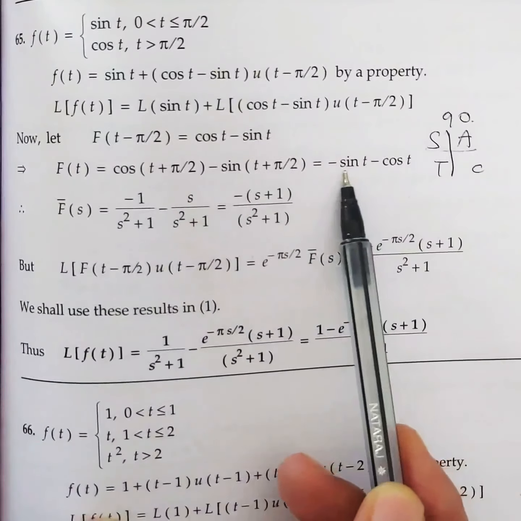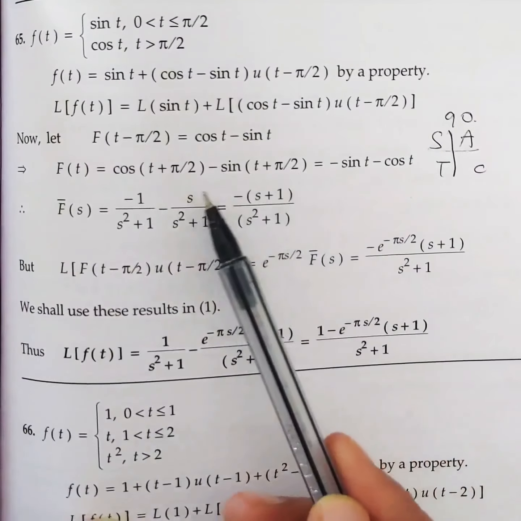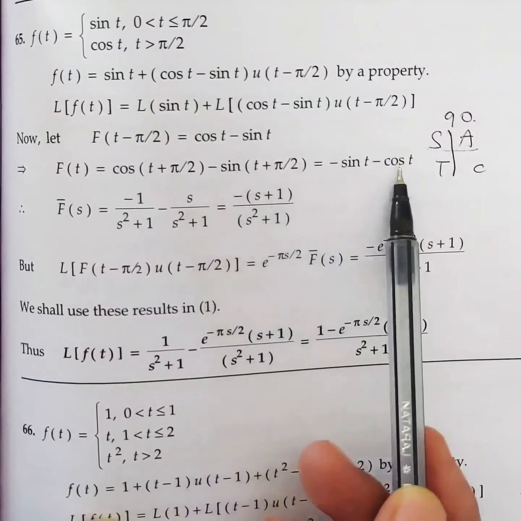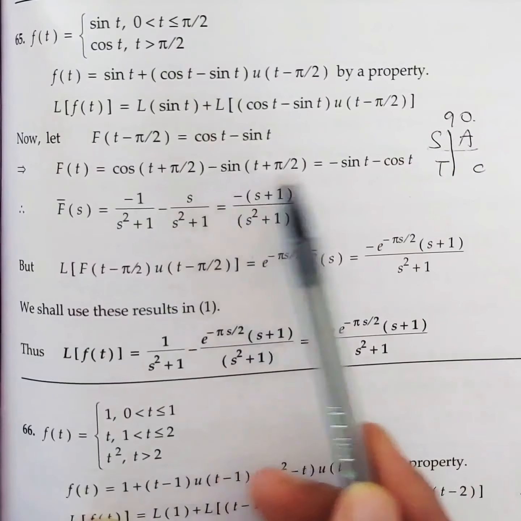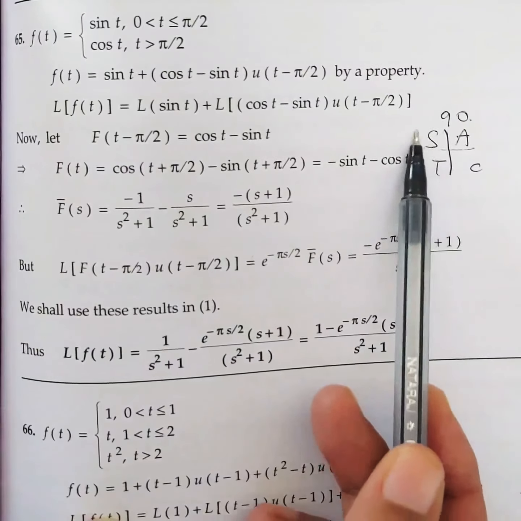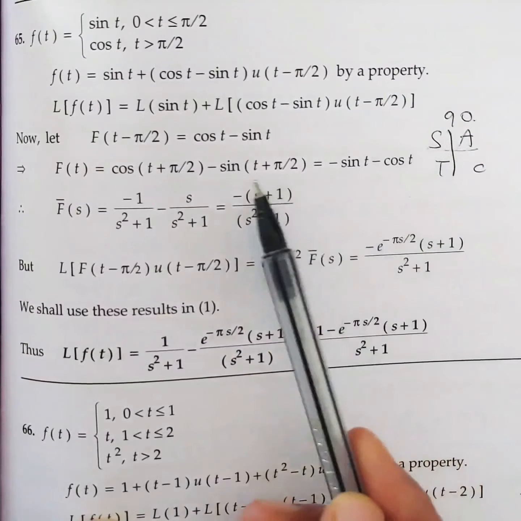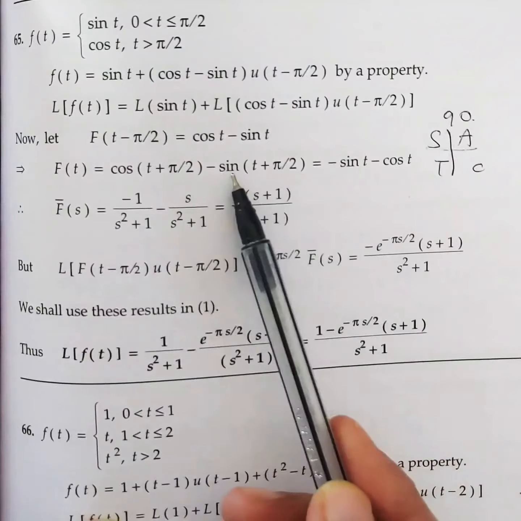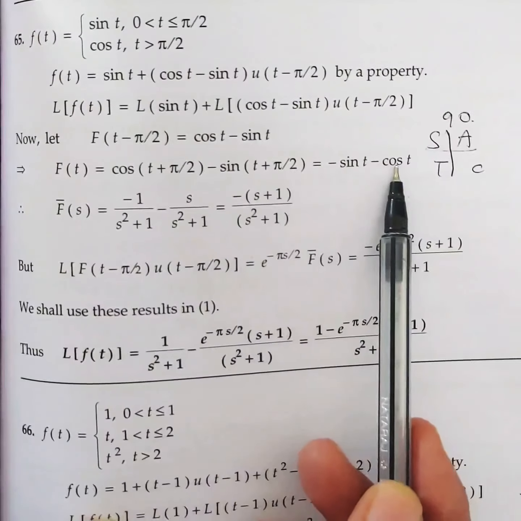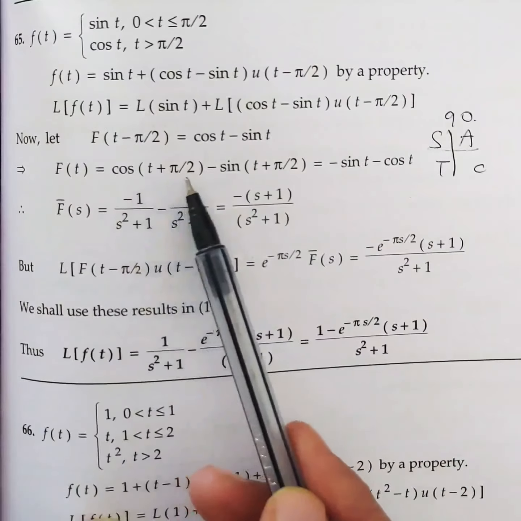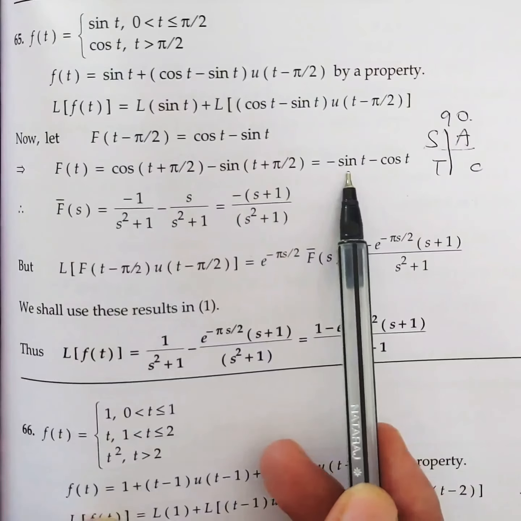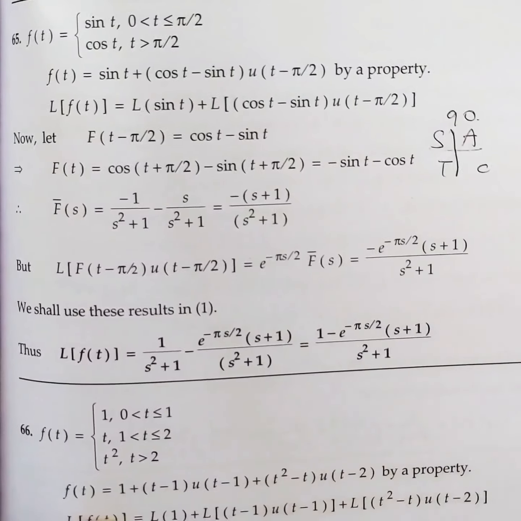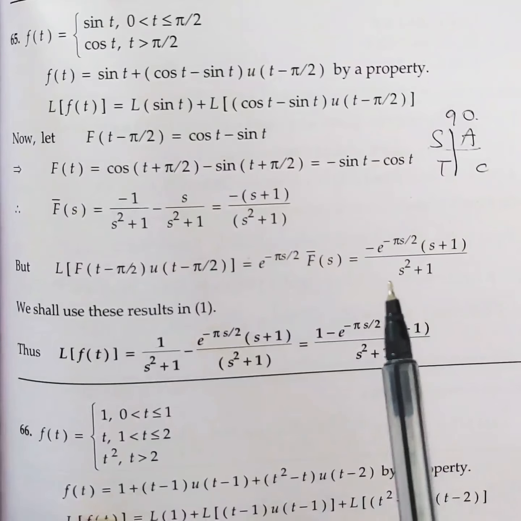We have cos here, so minus sin t we have written. Minus sin will become cos, and this minus sign only we have written. In this quadrant sin is positive, so I didn't change the sign. This sign is already there. So sin of 90 plus theta is cos theta, and cos of 90 plus theta is minus sin theta. So this formula we have applied.